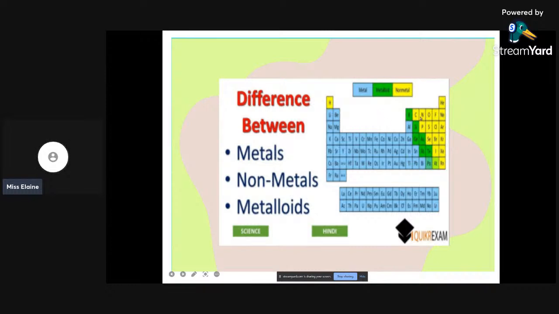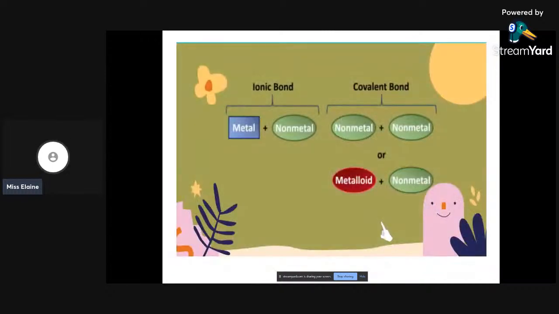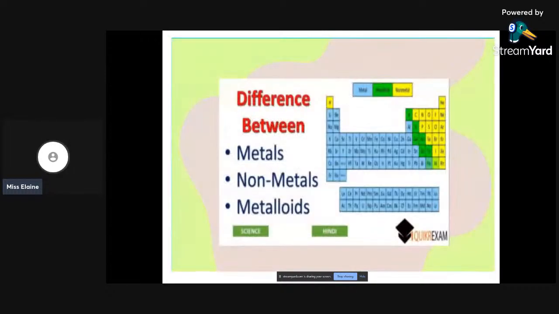C and O. CO means carbon monoxide. They are both what? Non-metal. So it is considered a covalent bond. Okay, another one. How about HNO? Is it correct? Hydroxide?